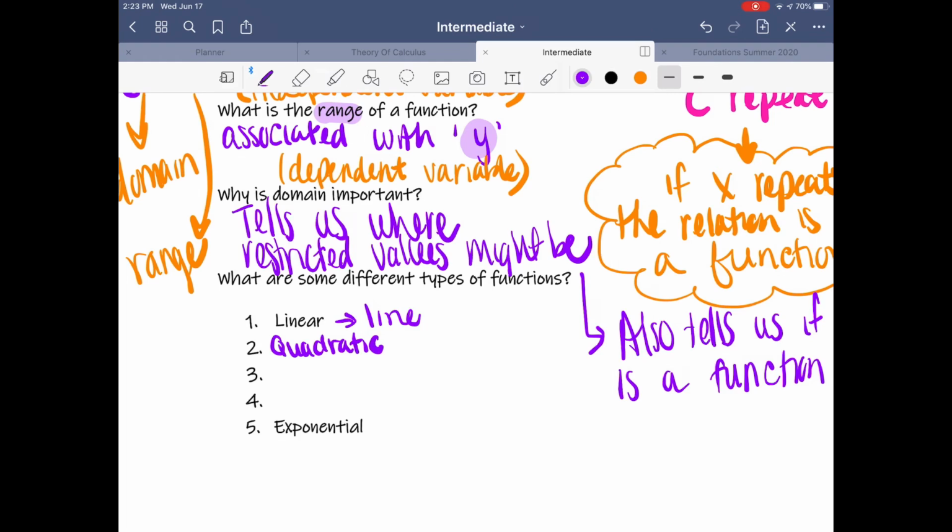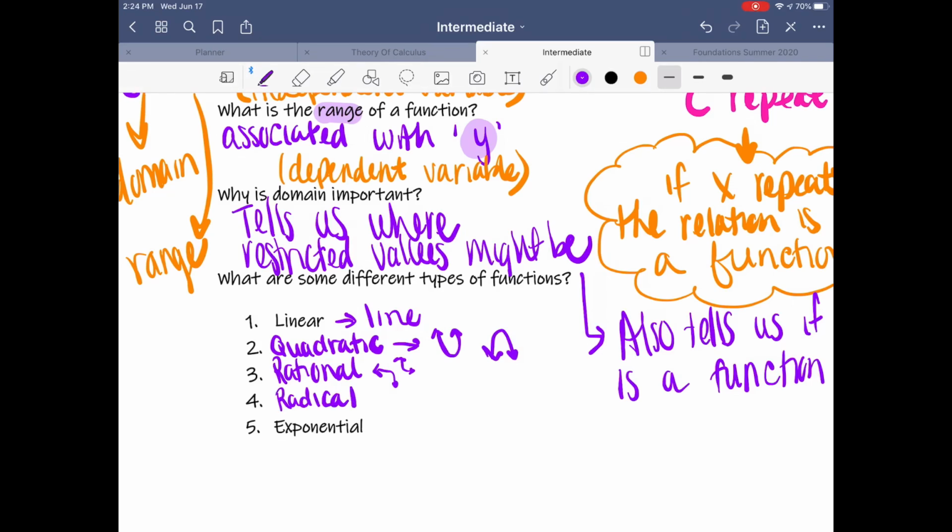And feel free to pause and go back if I'm writing too quickly, which is a U-shaped graph, or upside down U. There is rational, which can look a lot of different ways, but it kind of bends like that.